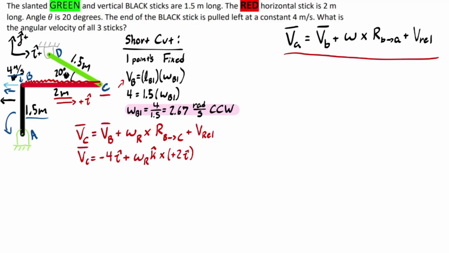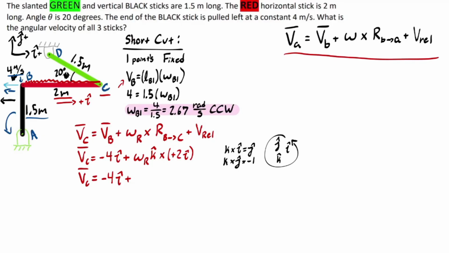And then let's rewrite this to make it more simple. So VC equals negative 4I plus whatever this cross product is. At this point, it's good to remember that K cross I equals J, and K cross J equals negative I. You can either memorize that, or you can do this little thing where you have I, J, and K and draw a circle like that.